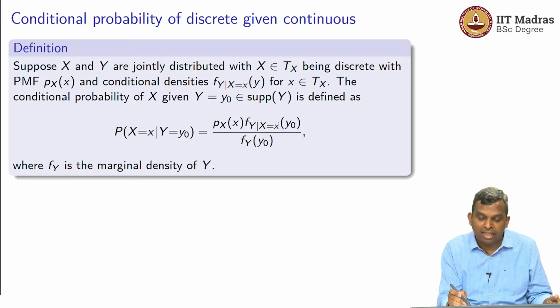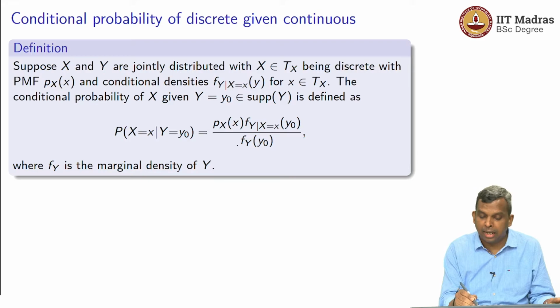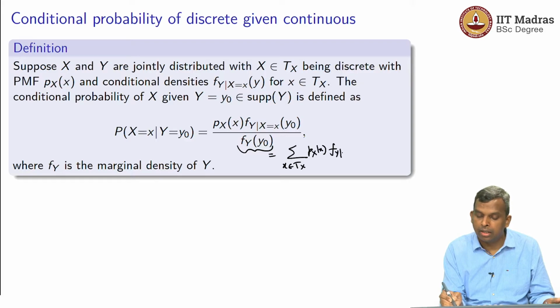So you have a density in the numerator and a density in the denominator. The numerator density is the conditional density, and the denominator density is the total marginal density. Remember, this denominator is the sum over x of Px of x times f of y given x equals x at y naught.